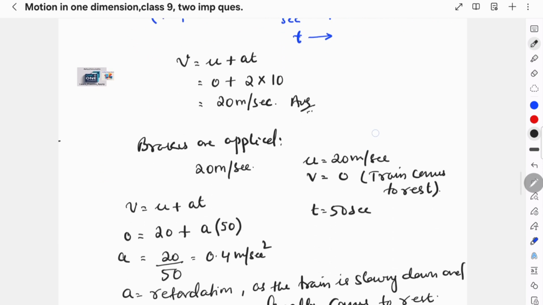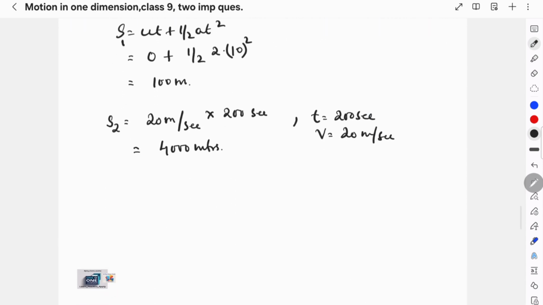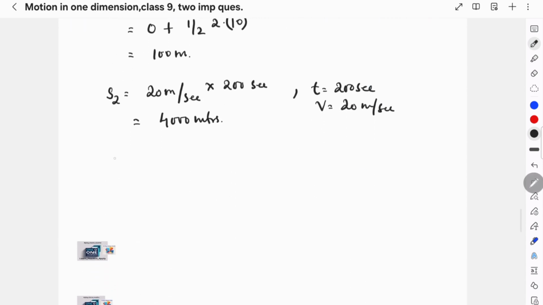Now let's come to the third part. Let the distance traveled in the third part be S3. Let us use v square minus u square is equal to 2as, where s is the S3. We know the brakes are being applied in this third part.